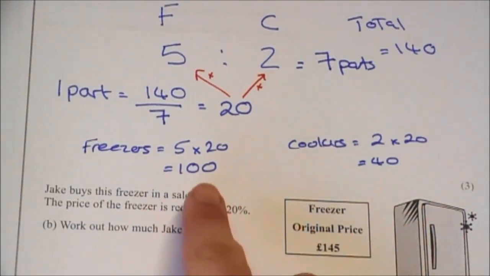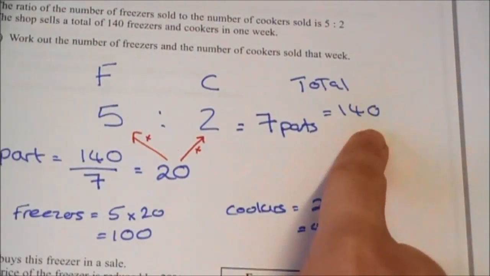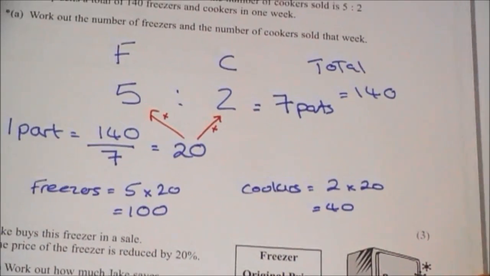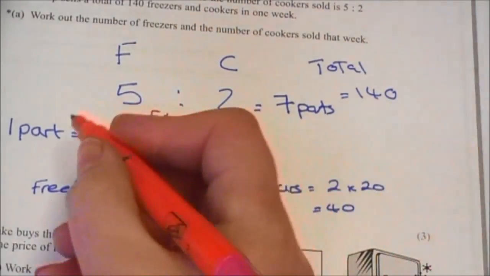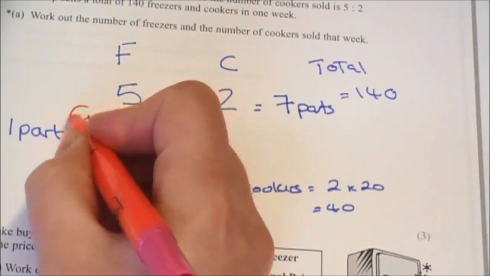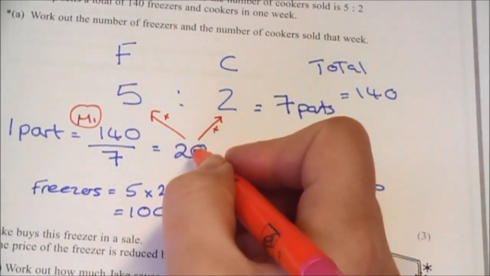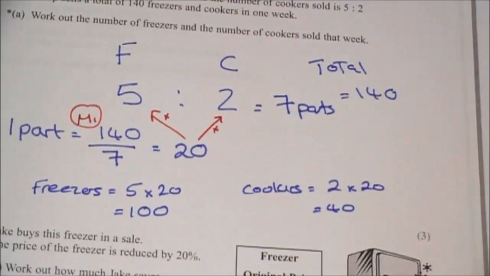And I'm just going to do a quick check. If I have 100 freezers and 40 cookers, does that give me my total? Yes, it does. Now, the way that the mark schemes are allocated for this is you get 1 mark for doing basically the ratio process. So finding out what 1 part is would get you 1 mark. Or you could also get that mark by multiplying whatever you consider 1 unit to be by each of the items.